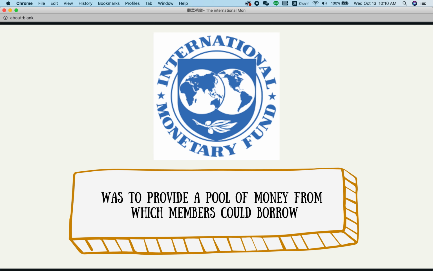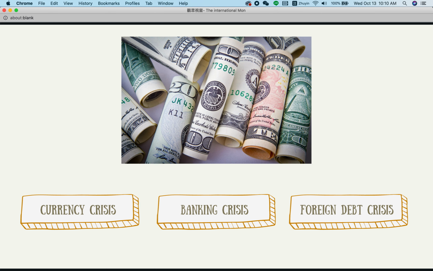IMF lending increased sharply in late 2008 as the global financial crisis took hold between 2008 and 2010. The IMF made more than 100 billion in loans to troubled economies such as Latvia, Greece, and Ireland.